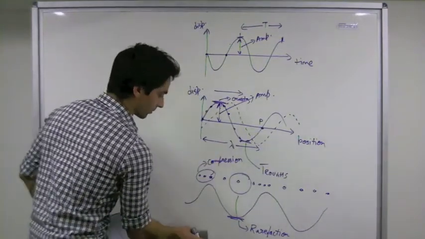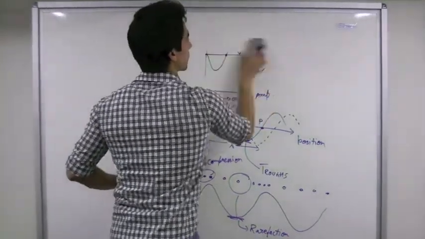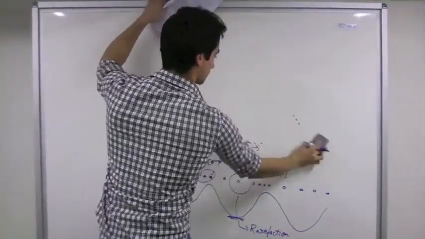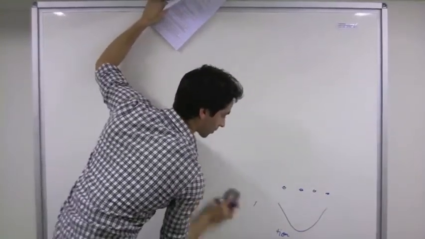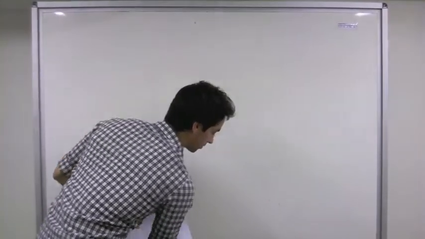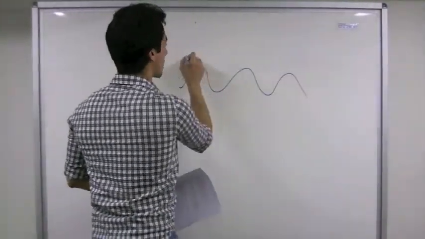Now, when we have waves, for example, water waves. Water waves would travel like this, let's say. Waves traveling in this direction.